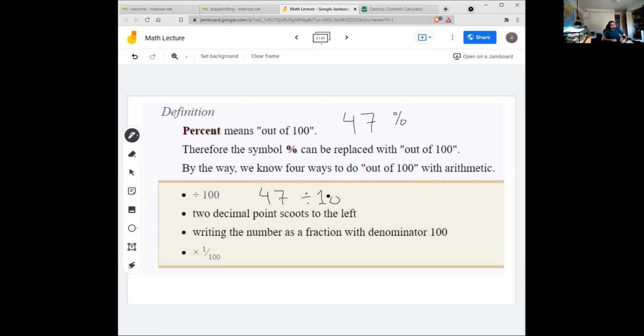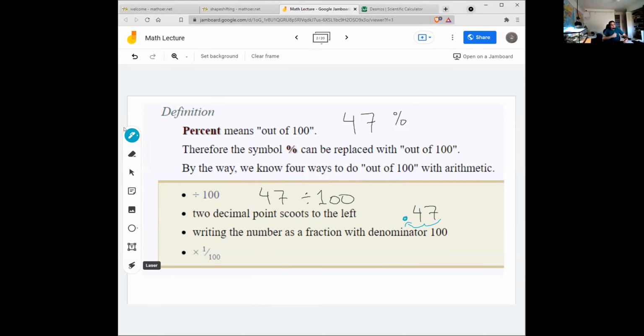All I have done is taken this percent symbol and replaced it with divided by 100, because that means exactly the same thing. I could take 47 and do 2 decimal point scoots to the left and make it 0.47.